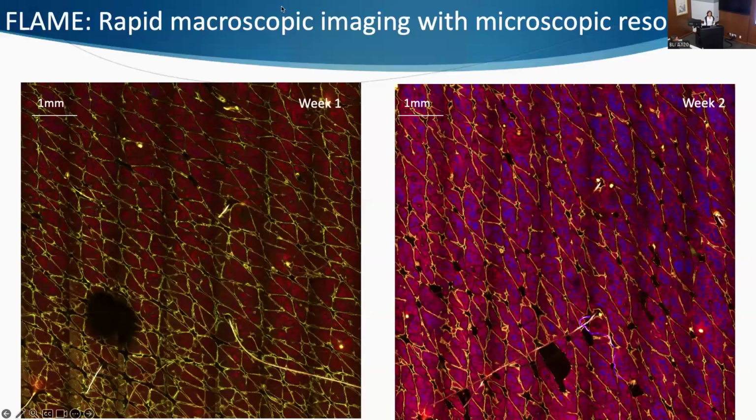This was acquired on the forearm of a subject. This image was acquired in approximately the same location at a 1 week difference. We don't use any markers or tattoos.